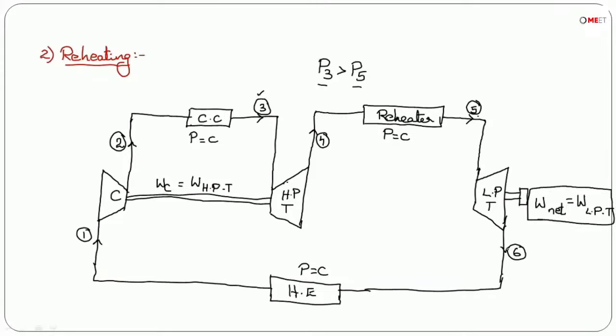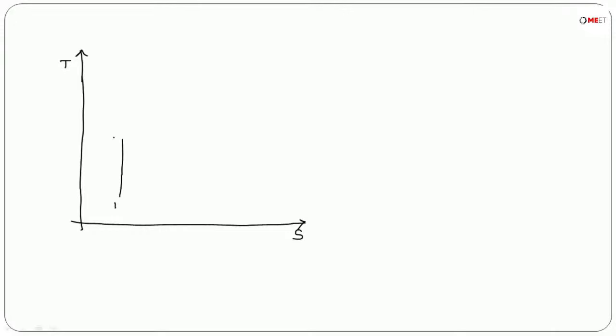Now let us draw the TS diagram here. If we draw the TS diagram in this particular case, process 1 to 2 is isentropic compression, 2 to 3 is constant pressure heat addition like this.